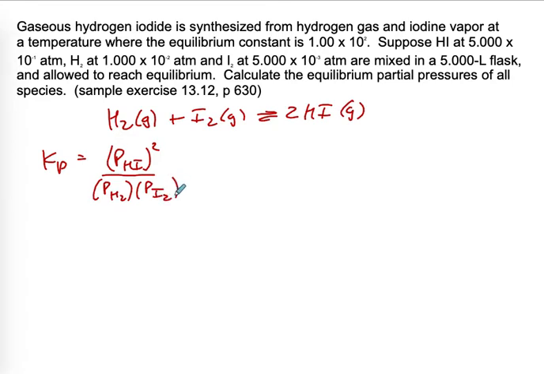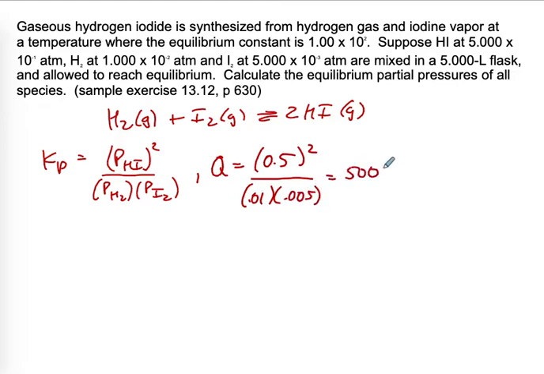In this case, I can't really look at the values off the top of my head and determine whether Q is greater than or less than K, so we're going to have to calculate it. So Q is equal to the partial pressure of HI, 0.5 squared, divided by the partial pressure of H2, 0.01, times the partial pressure of I2, 0.005, which is equal to 5,000, which is greater than K. K, we're told, has a value of 100.